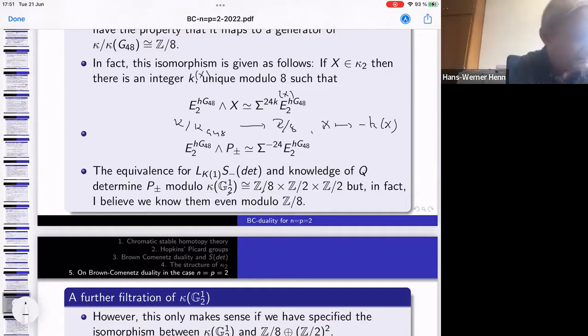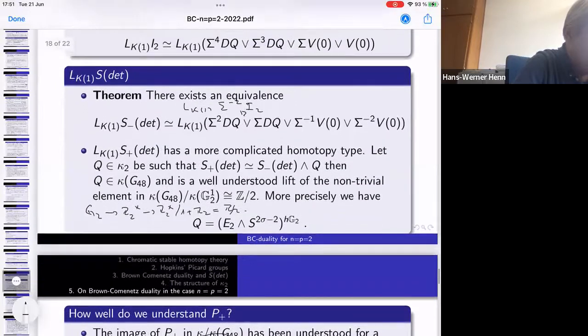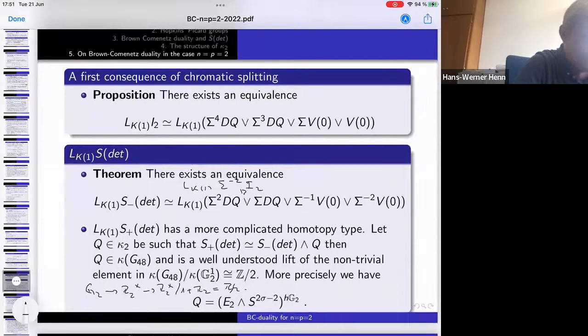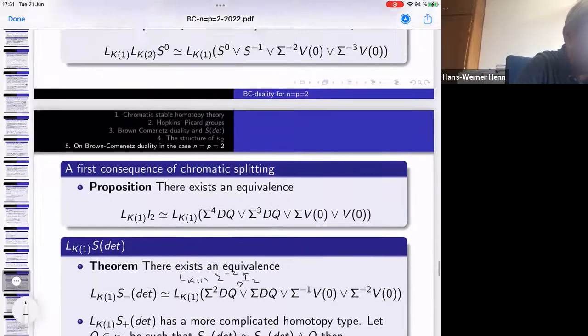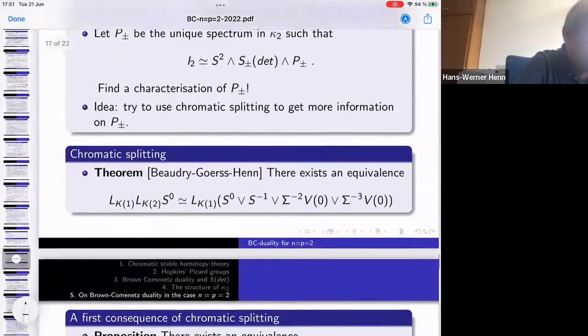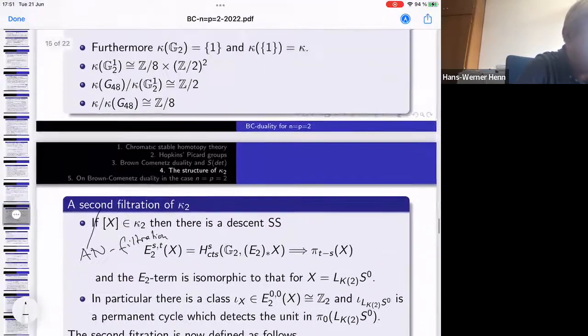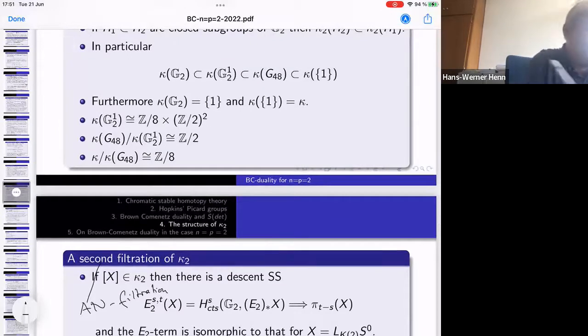And in fact, the element which is in kappa, in the middle filtration quotient of the subgroup filtration, is not involved, because that's involved in S plus of that, which has this more complicated homotopy type. So the subgroup filtration is further up. This element is not involved in P plus.